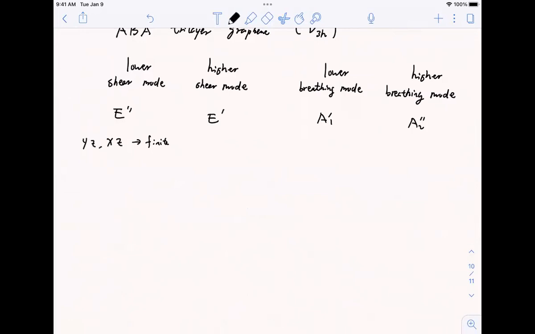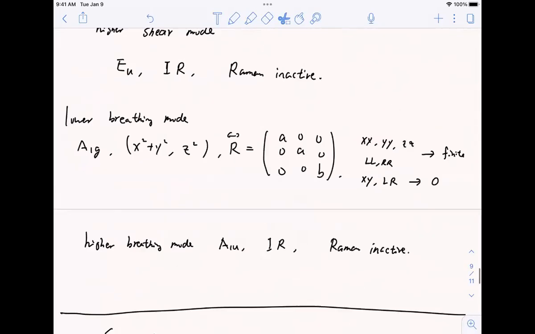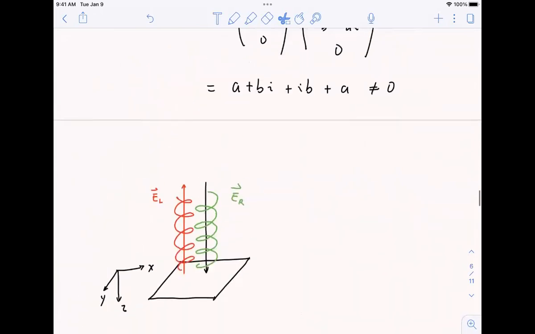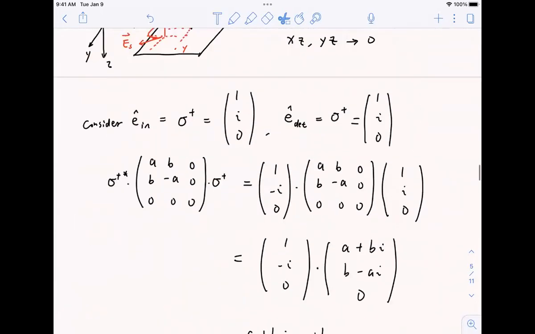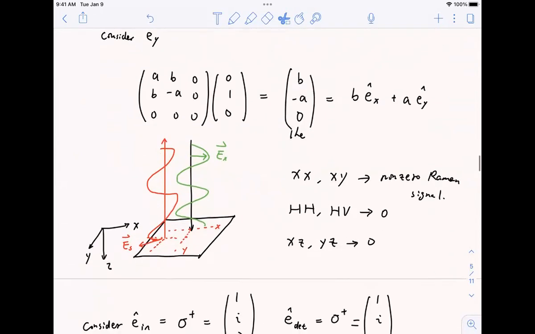YZ finite. All others, 0. Okay, the higher shear mode. The higher G mode is what? Let me see. Okay, this is the highest shear mode. The highest shear mode is this one.